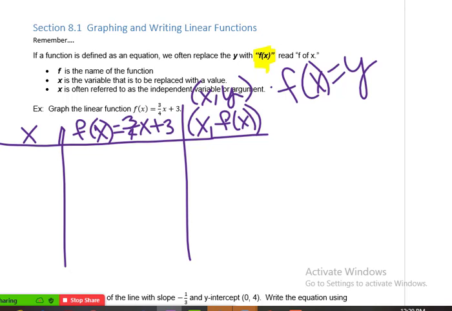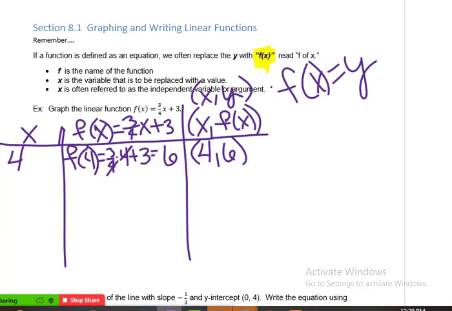So I'm going to let x be a 4 because I can choose my values. And f of 4 is equal to 3/4 times 4 plus 3. Now notice that the 4's cancel. 3 plus 3 is 6. So my ordered pair is 4, 6. That is one of the points on my line.